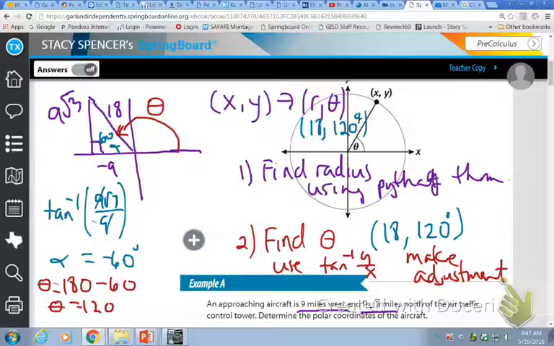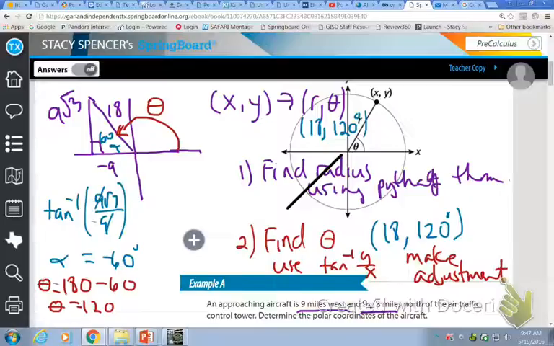What would we do if we were in quadrant 3? Do you remember what we do in quadrant 3? So let's say this is my terminal side now right here.